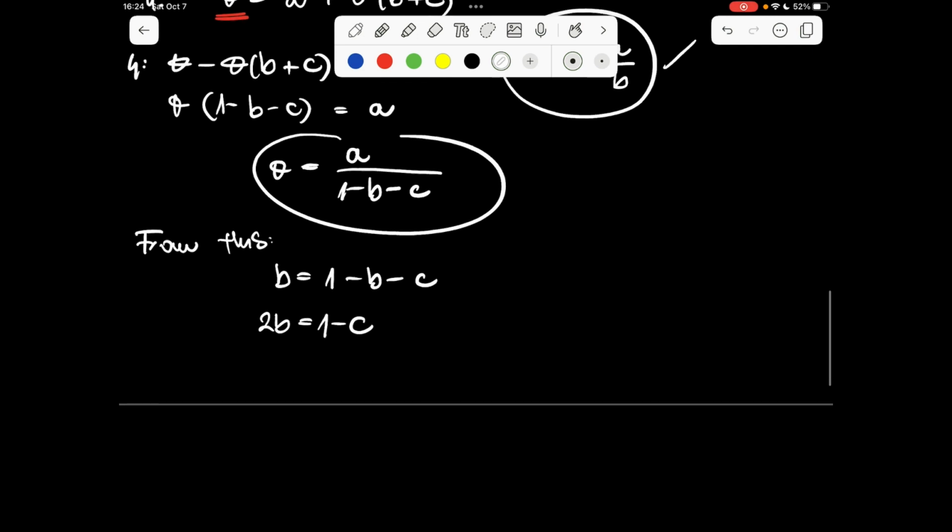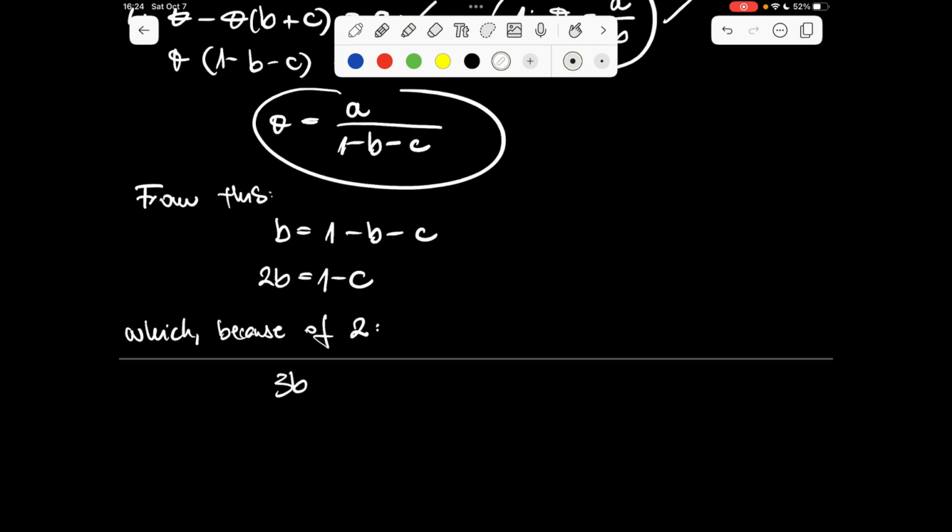Two b equals 1 minus c, which follows because of the second equation, so b is 1 over 3 and c is also 1 over 3.